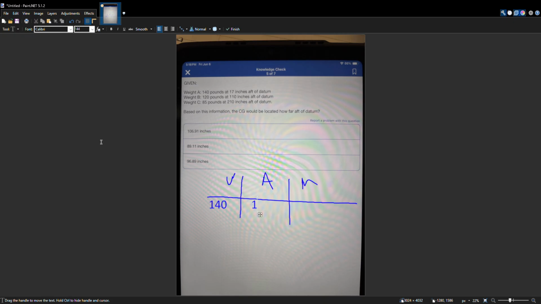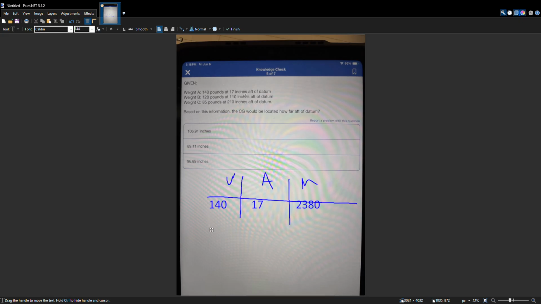140 at 17, and you can see where we're getting this. Weight A is 140 at 17, right? 140 times 17 is 2380.